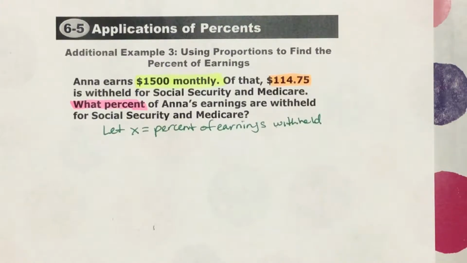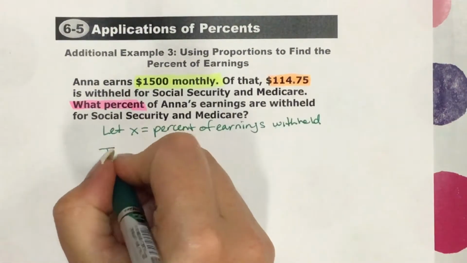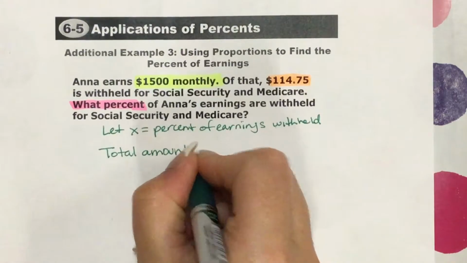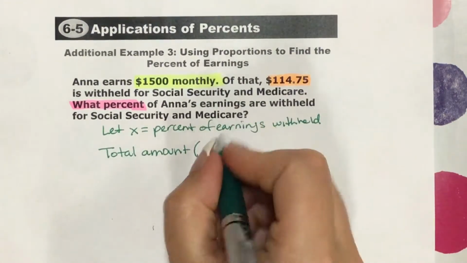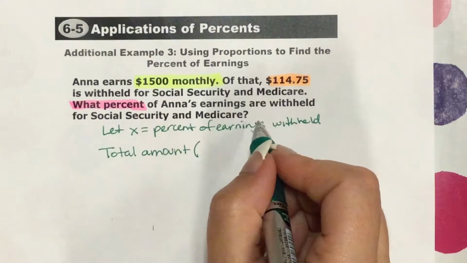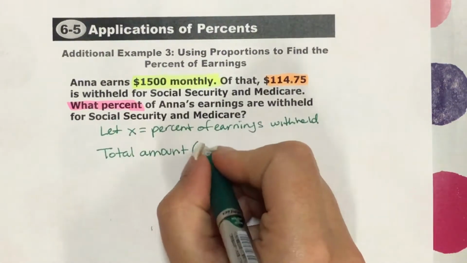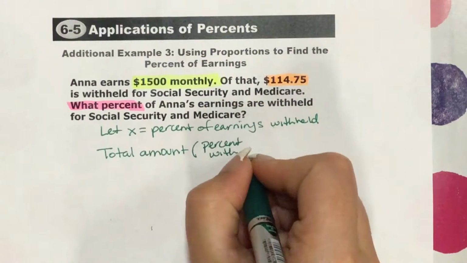Okay, so we have to understand how these problems work. We have the total amount, and then there is the percent withheld in the form of a decimal.